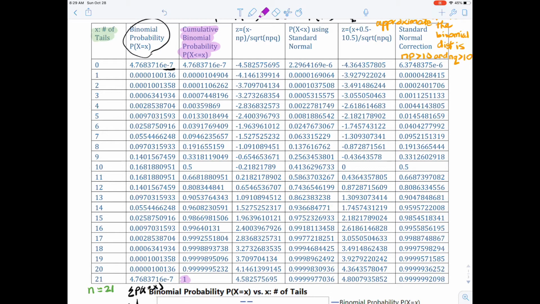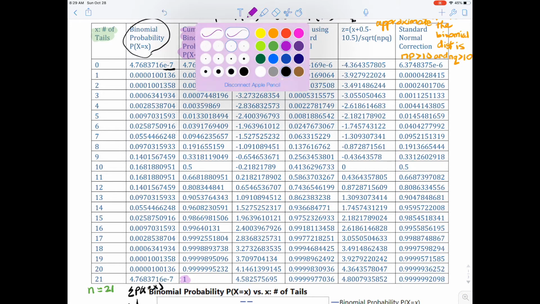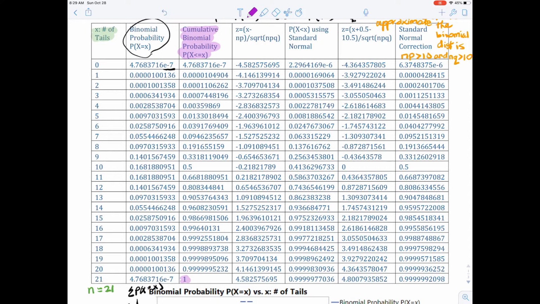Now, the cumulative probability: these first 4, say, are the probability that X is less than or equal to 3. That means you get at most 3 successes. So here, 0.00074488196 is that cumulative probability, and that's nice because it takes care of it for us.